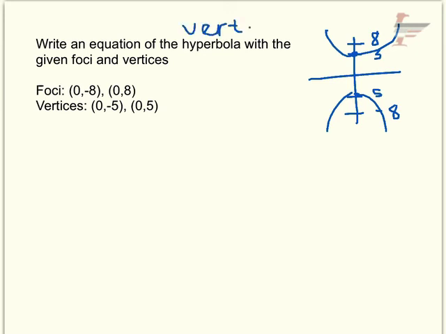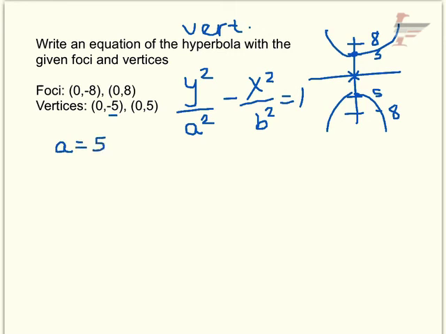So knowing that, I know that y squared is going to come first, and a squared always comes first in a hyperbola. The vertices are the distance from the center, which is clearly at 0, to my vertices, which is 5 units long. So a is 5. The foci, the distance from my center to a focus point, is 8 units long, and that's always c.